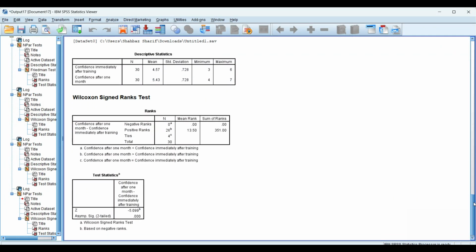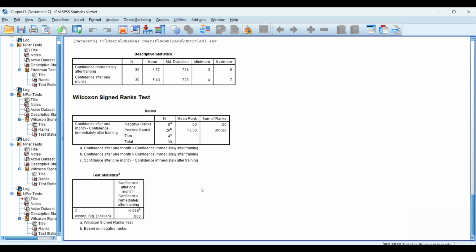Okay, so we get the results. So you can see the mean immediately after training is 4.57 and after 1 month 5.43. So there is also a significant improvement from immediately after training to after 1 month. So confidence increased significantly between immediately after training and the 1 month because the z equals minus 5.099.